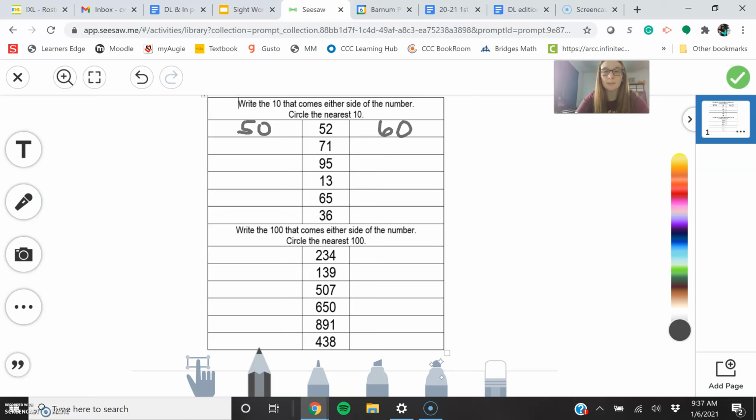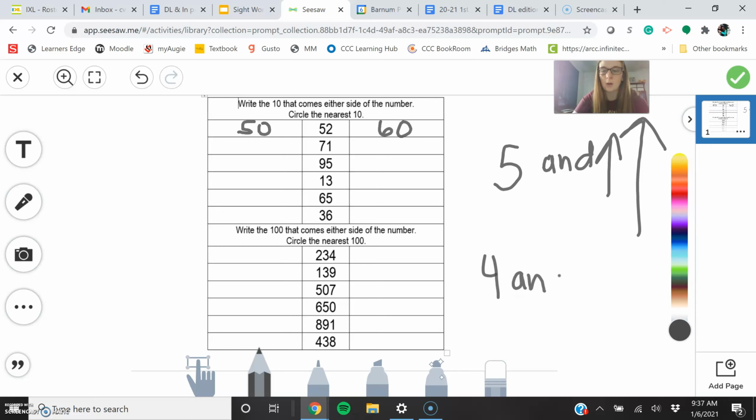Now remember, if a number is 5 and up, we round up. And if a number is 4 and down, we round down, okay?